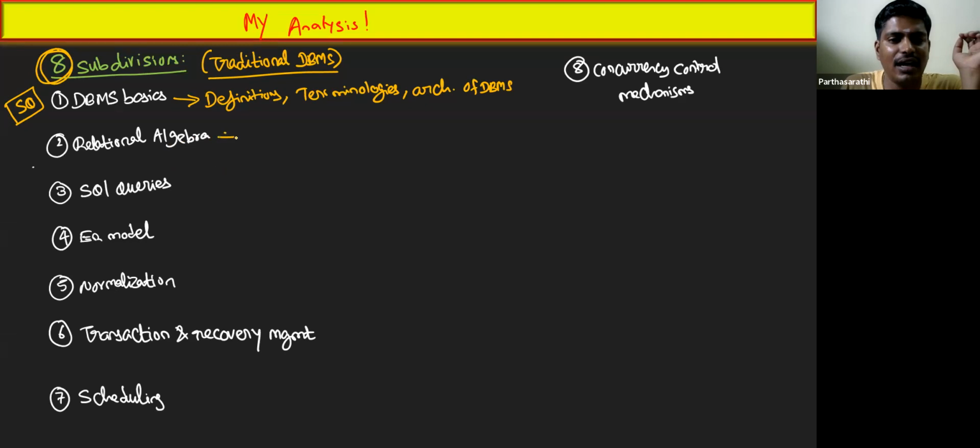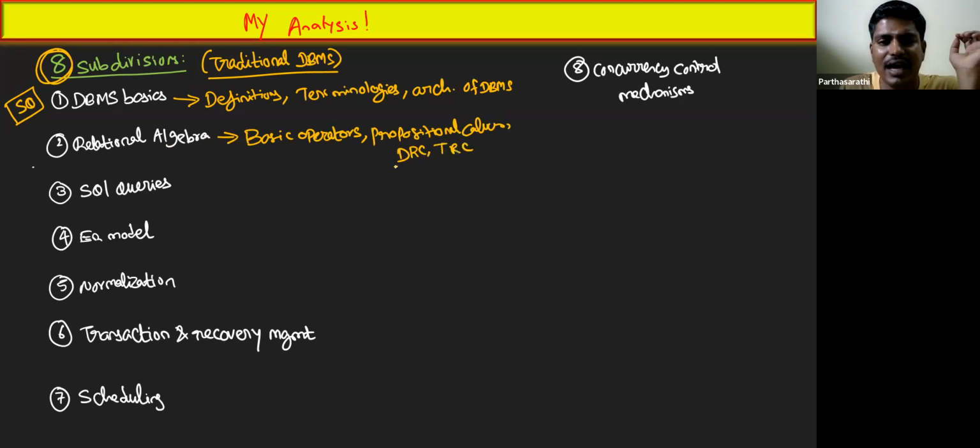Next is relational algebra, where we are going to discuss the basic operators. Then you have to discuss the propositional calculus, where you have to understand domain relational calculus, DRC, and TRC.